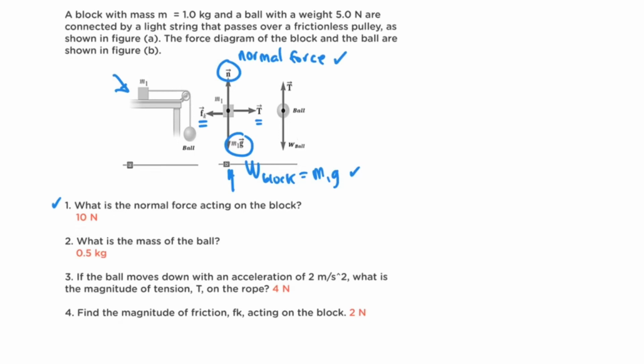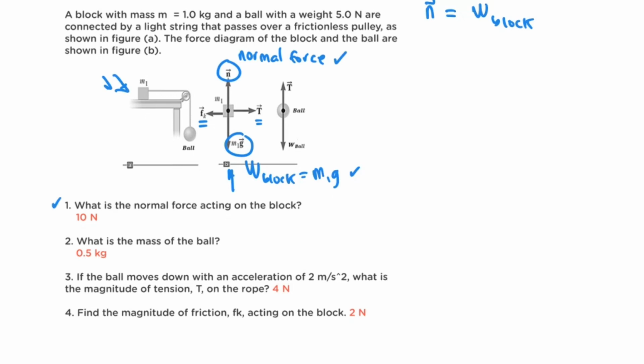If the normal force was greater than the weight of the block, then the object would go up, or if the weight of the block is greater than the normal force, then we would observe the block going down. But since it's not going anywhere up or down as far as the vertical axis is concerned, then we could say that the normal force is just equal to the weight of the block.